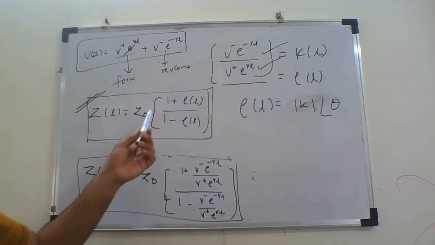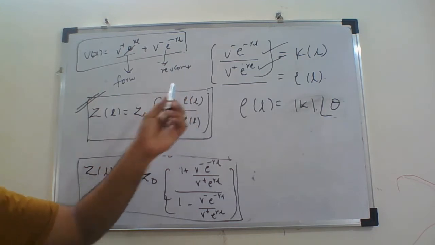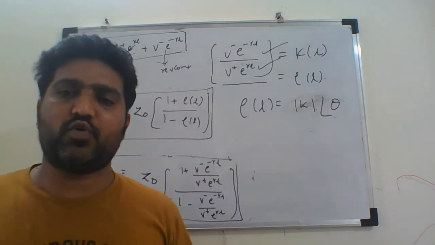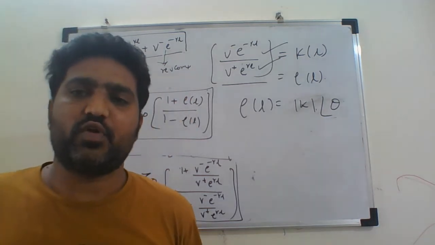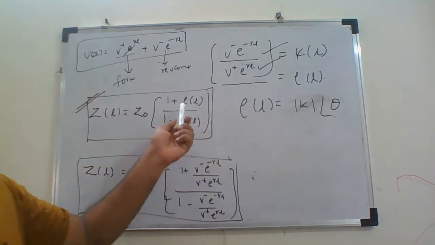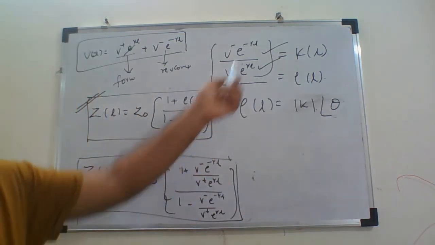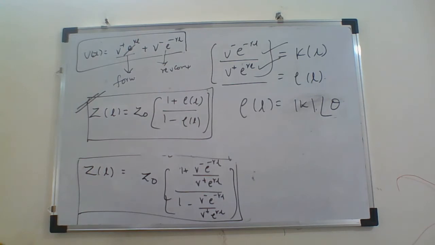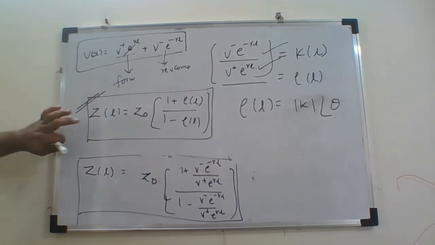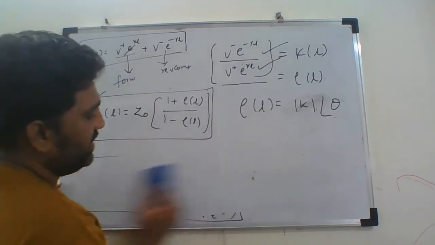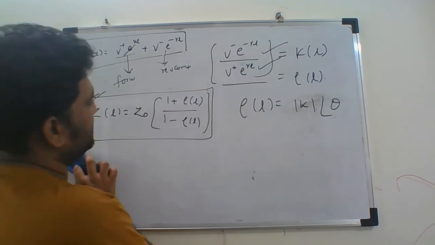So we defined a new term called the reflection coefficient here, rho of L, the ratio of this. So this is the expression for impedance at any point. From this, let us use this.